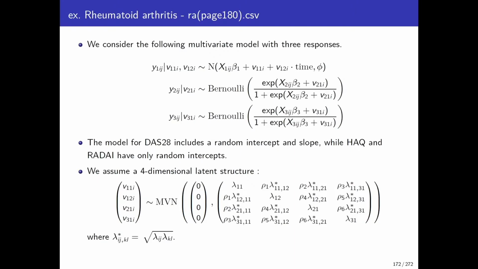Same like Y3ig with condition v31i follows Bernoulli. The model for DAS20i includes a random intercept and slope, while HIQ and Radai have only a random intercept. We assume a 4-dimensional latent structure like this.